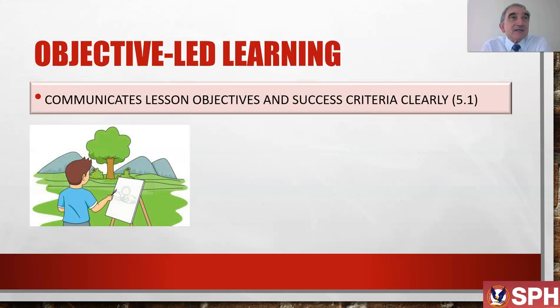The second element is related to objective-led learning. Does the teacher have clear objectives? Are those communicated well to students so that they know what they're supposed to learn, and they also know what it looks like once they have learned?